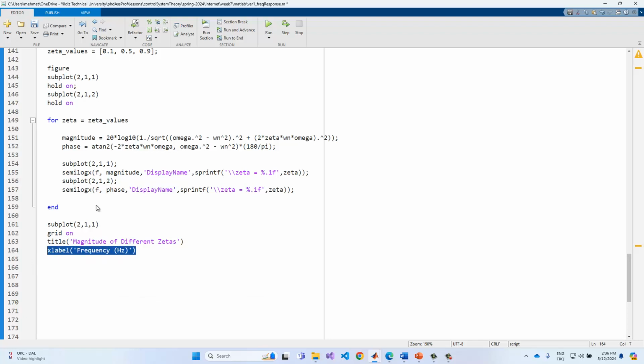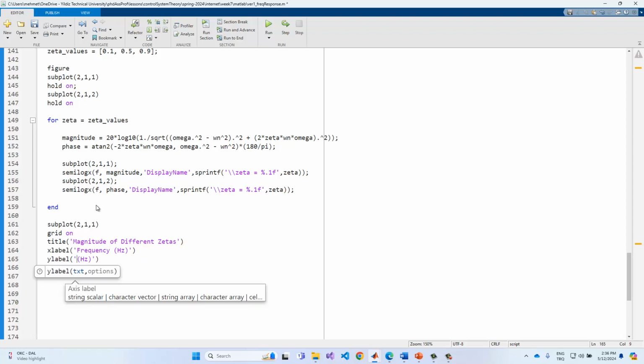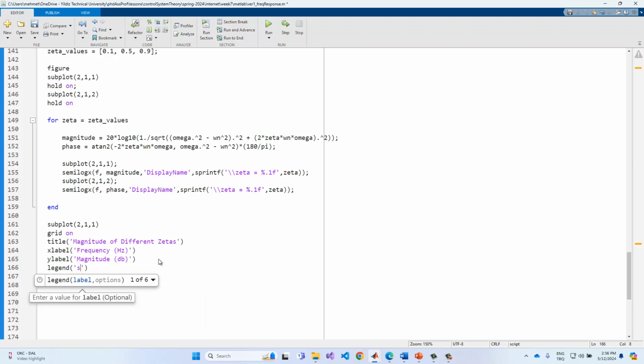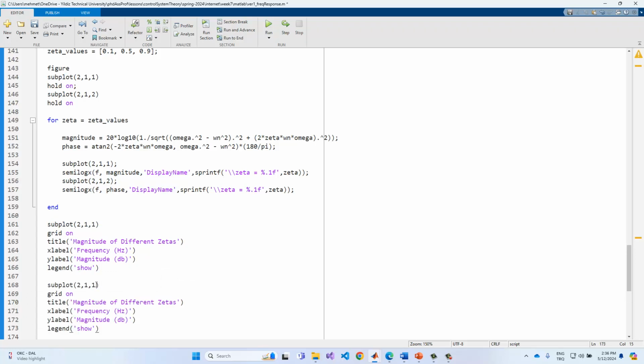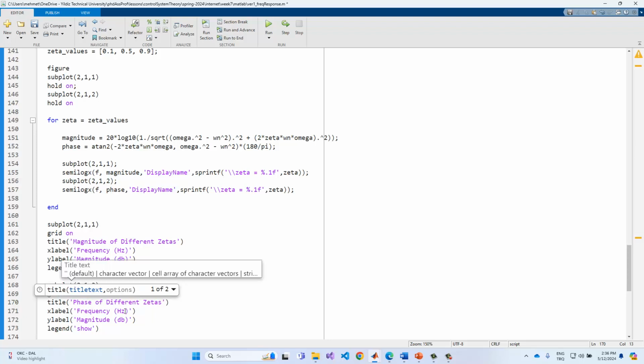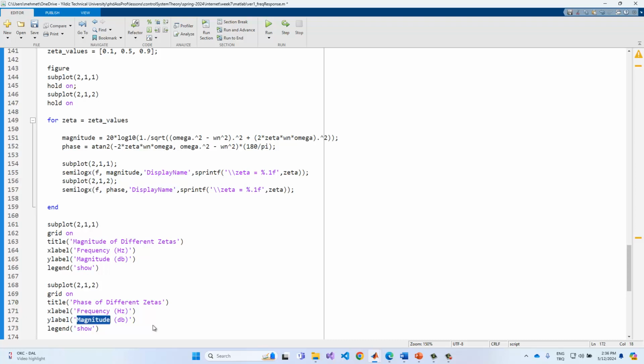Okay, and the y label is the magnitude in dB. Okay, and the legend must be shown. And also we need to give the subplot 212, this is the phase plot. Okay, the magnitude, and this is the phase, and this is in degrees.